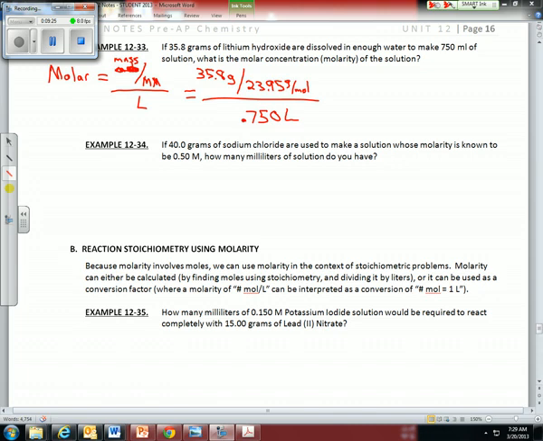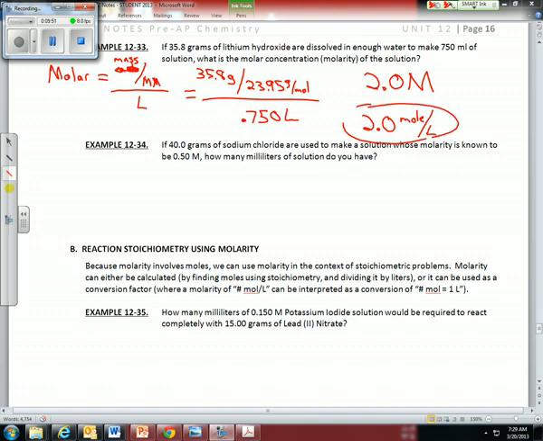Since I have two significant figures in my 750 milliliters, the answer to this is 2.0 moles, or molarity. You could also write it as this, 2.0 moles over liters. Usually you'll see me write it that way.